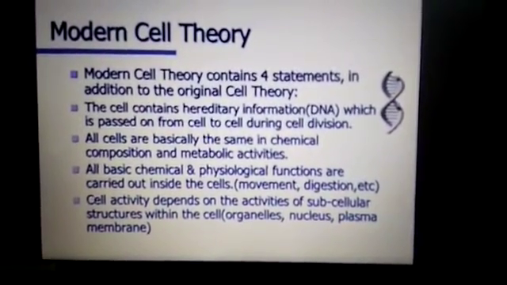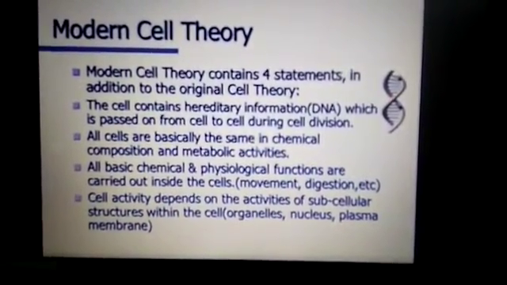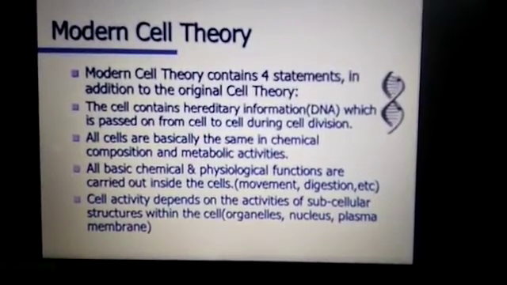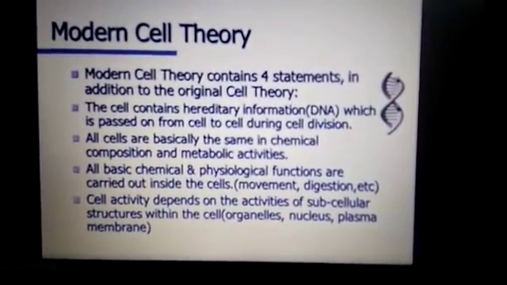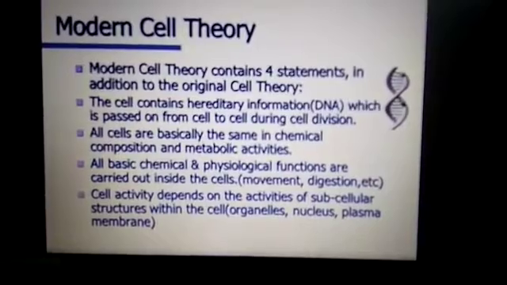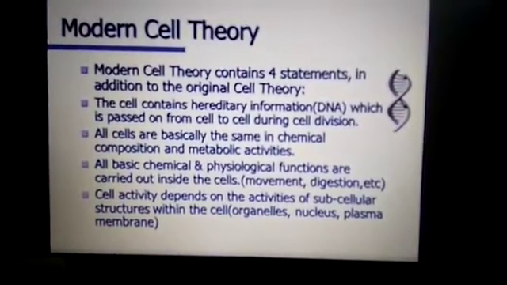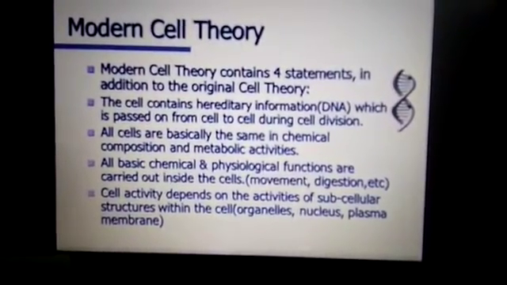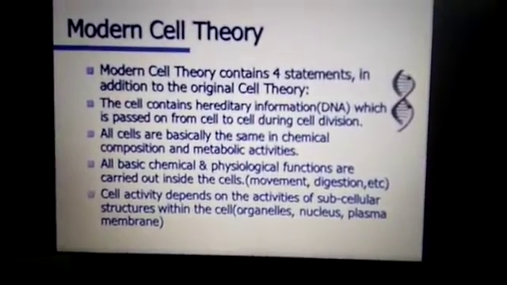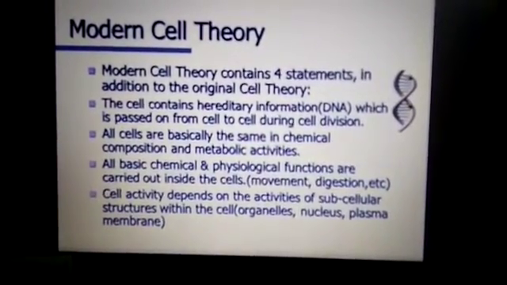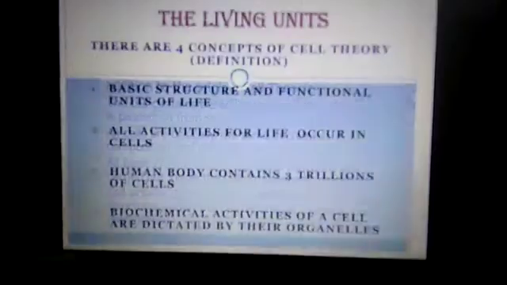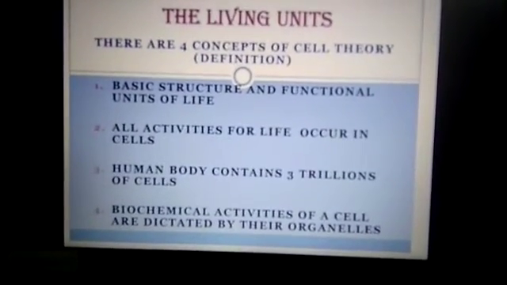All basic chemical and physiological functions are carried out inside the cell, that is movement, digestion, nutrition, etc. Cell activity depends on the activities of subcellular structures within the cell: organelles, nucleus and plasma membrane. This is about the modern cell theory.